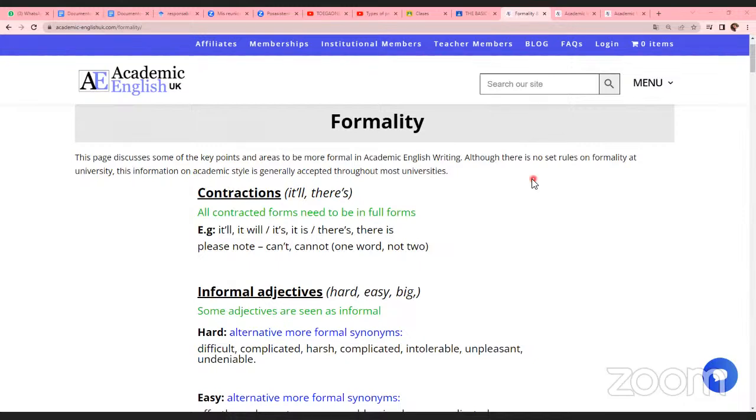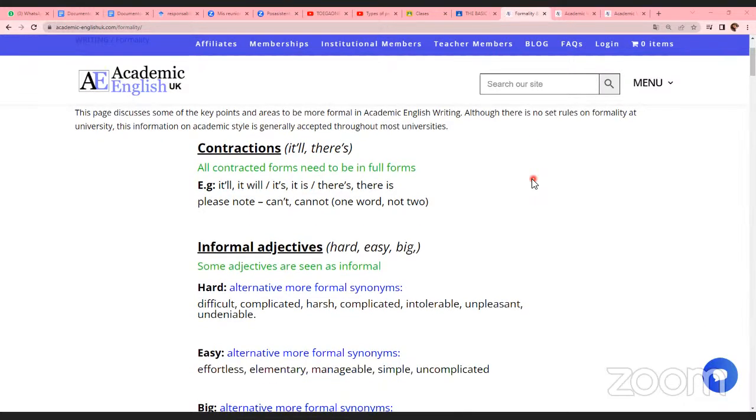So in this part, we're going to discuss some of the key points and areas to be more formal in academic English writing. Although there are no set rules on formality at university, this information is accepted throughout most universities, and it's just a general one.